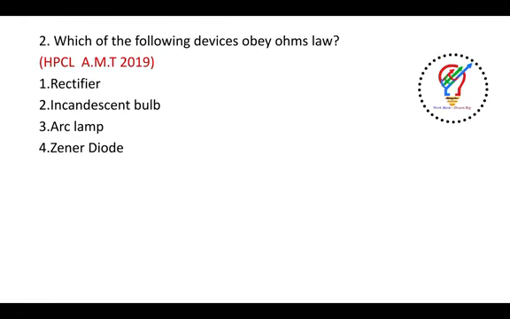Which of the following devices obey Ohm's law? What's Ohm's law? Ohm's law says that at constant temperature, the current flowing through a conductor is directly proportional to the potential difference applied across it. It simply says that V is equal to R into I. A rectifier uses a diode, which is a non-linear device.